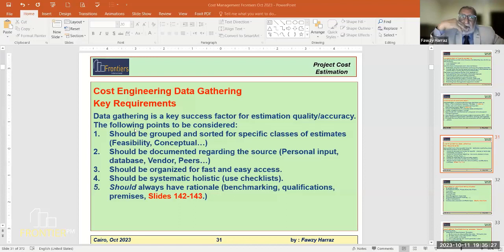One of the big shortfalls of an estimate is if you forget some cost items. So using checklists, not working from memory, avoids this problem. It should always have a rationale, should be benchmarked, should be qualified, where the figure is adjusted due to whatever consideration. So these are important notes on information.